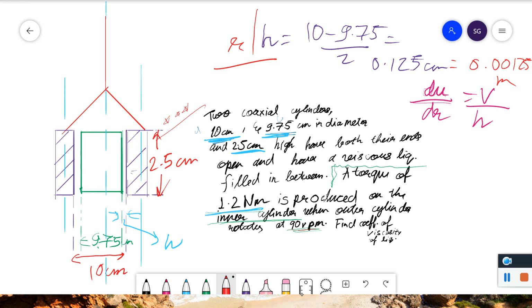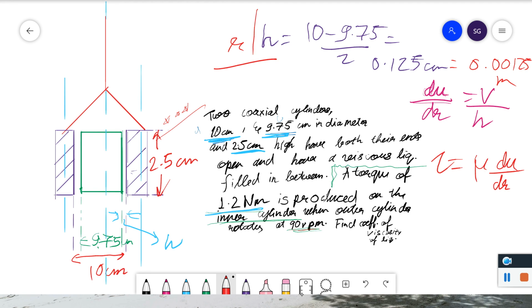Now we need to find out the shear stress. This tau is equal to mu du by dr. Okay, so it will be 377 mu. Wait, for the tau we have to calculate, first we need to calculate Fs, because we need to find Fs first, and for that we need to find the shear stress, that is tau.